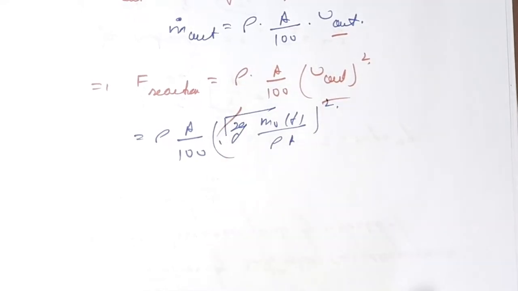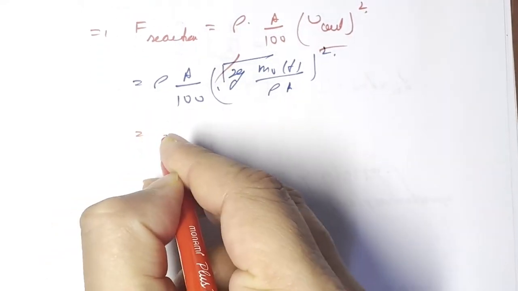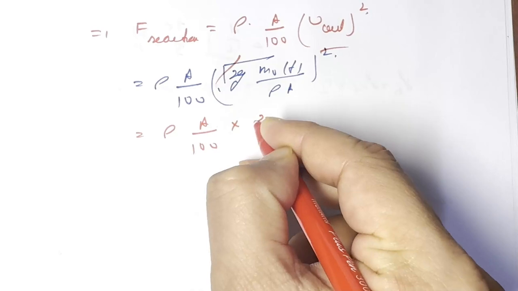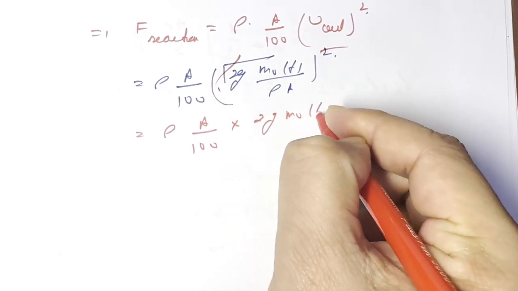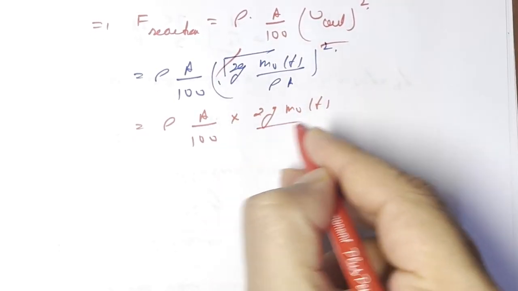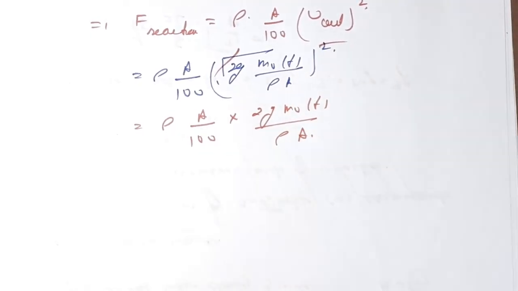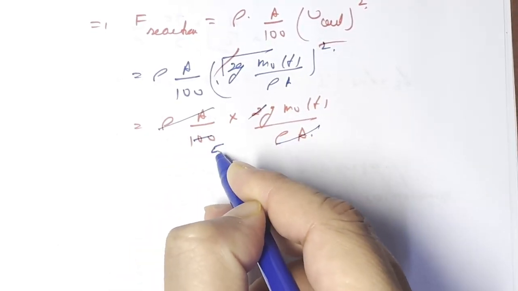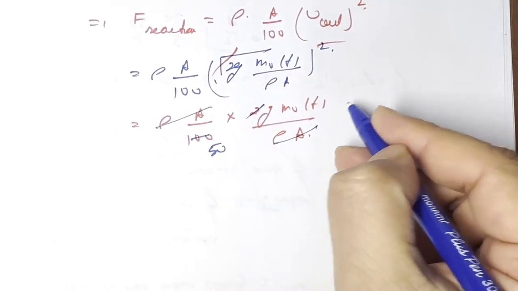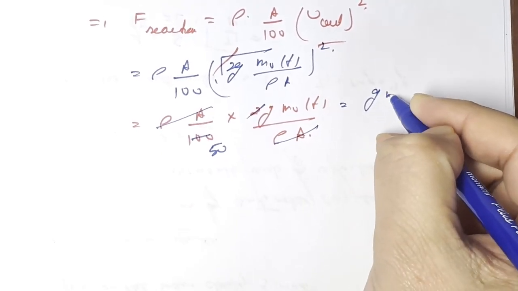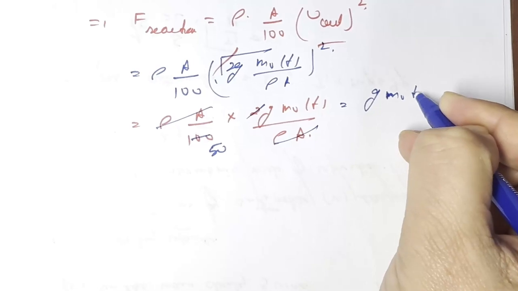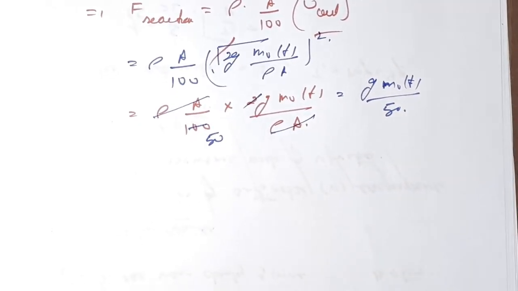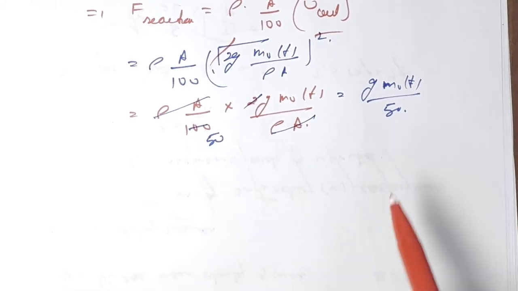Square cancels with this, so we are left with rho A multiplied by 2g m naught t divided by rho A. Rho A cancels and 2 goes with this, so we get this as g m naught t divided by 50, and we found out the force.